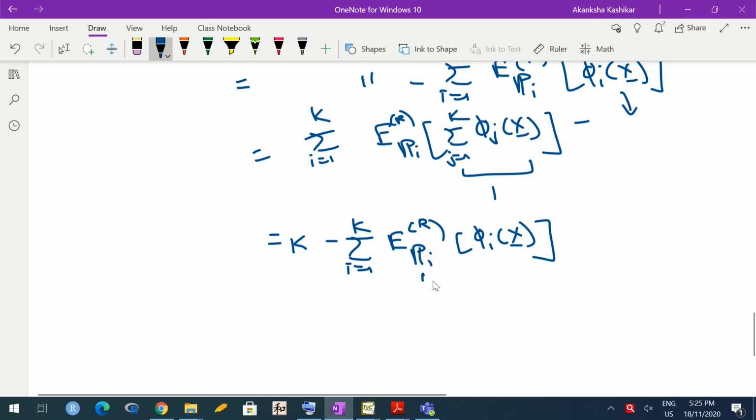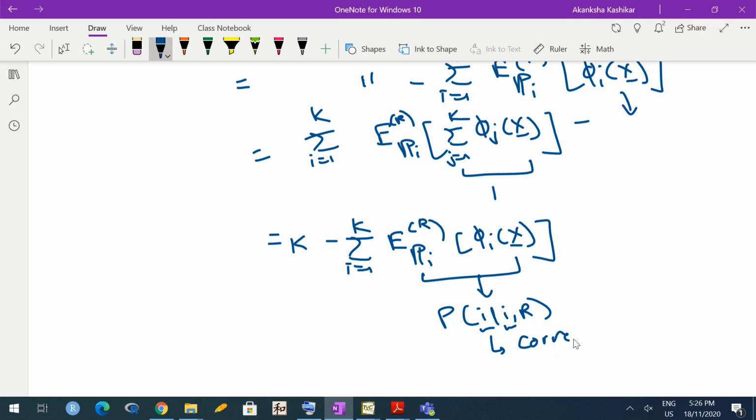Okay. What is this? Let us try to pay attention. What is this? This is actually P(i | i, R) using our earlier notation. So this is the probability that an observation coming from the ith population is classified into the ith population. So this is actually the correct classification probability. So this is the sum over correct classification probabilities.